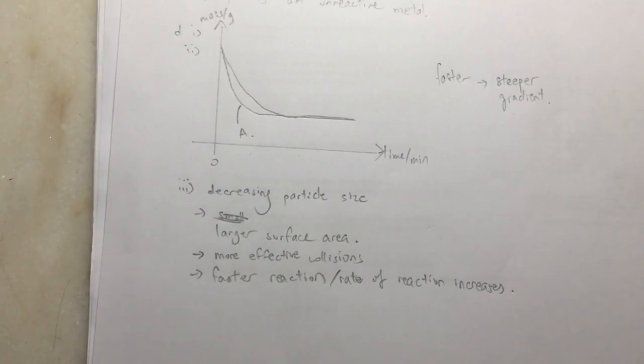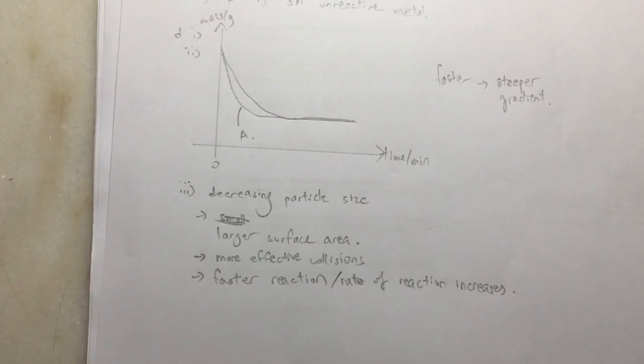So larger surface area, more effective collisions, so your reaction becomes faster or your rate of reaction increases.